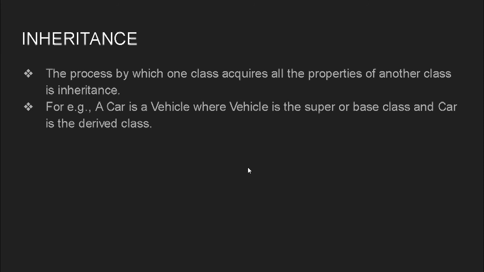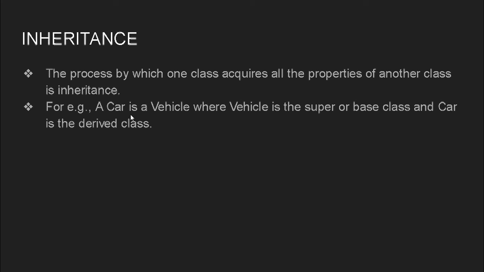Just like in human beings, you inherit some properties from your parents. Your parents are obviously going to give some of their characteristics to you. So you are a child class, and your parents are the parent class or the base class. That is the easy way to understand it.